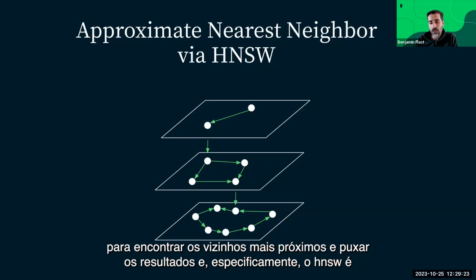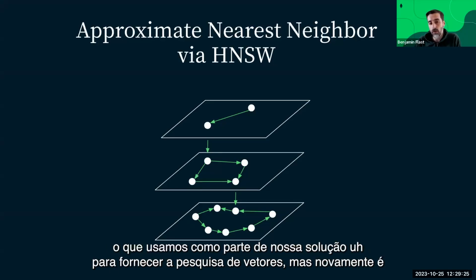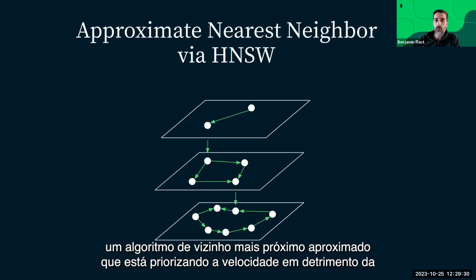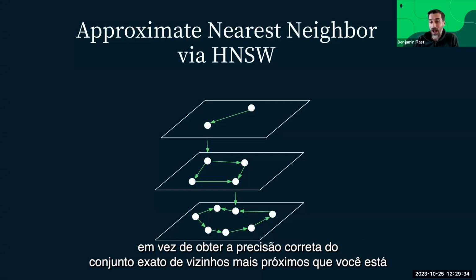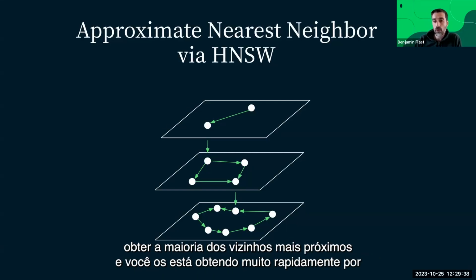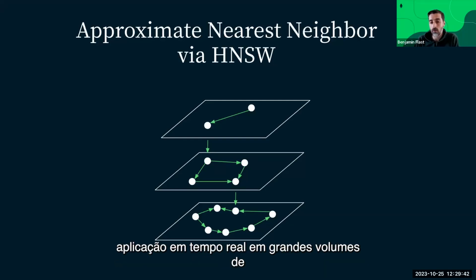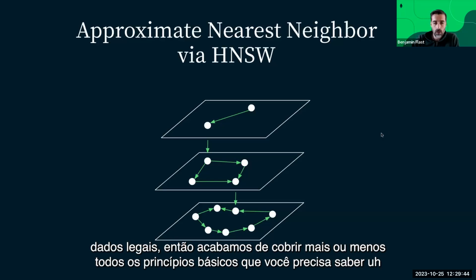Specifically, HNSW is what we use as part of our solution to provide vector search. But again, it is an approximate nearest neighbor algorithm, which is prioritizing speed over accuracy, right? Instead of getting the exact set of nearest neighbors, you're getting most of the nearest neighbors, and you're getting them very fast for real-time applications over large volumes of data.